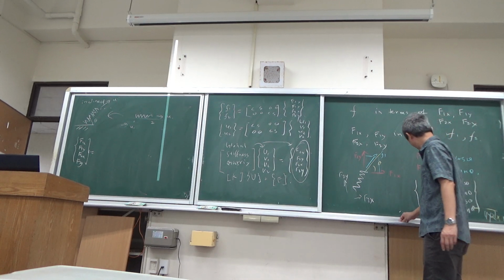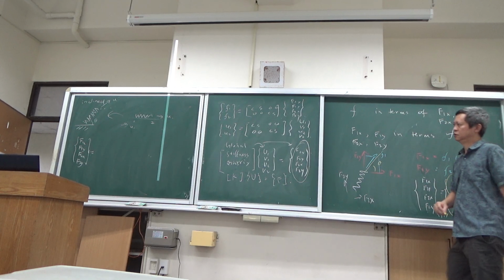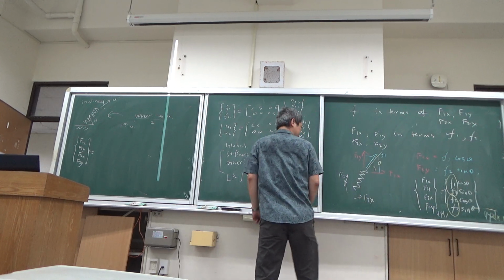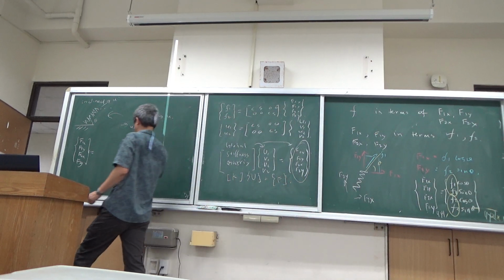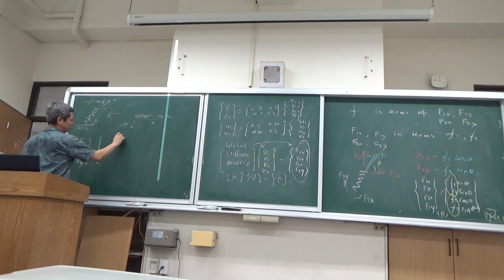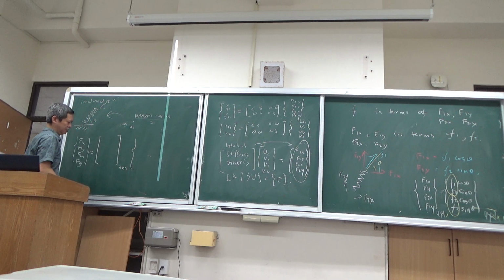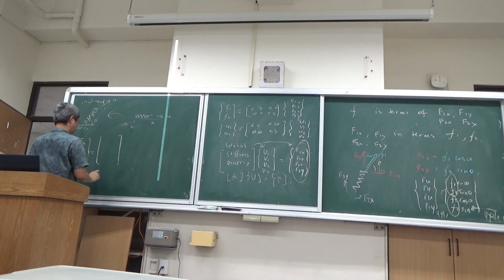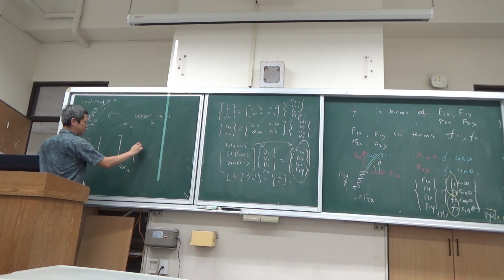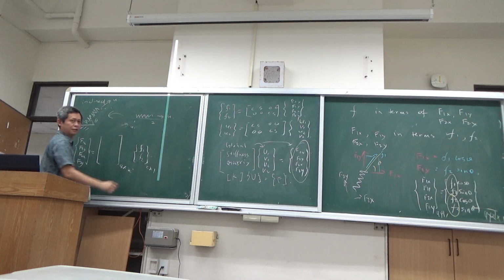How many variables do you have? 2 variables. I can now write this 4 by 1 matrix as 4 by 2 times F1, F2. This is 2 by 1.